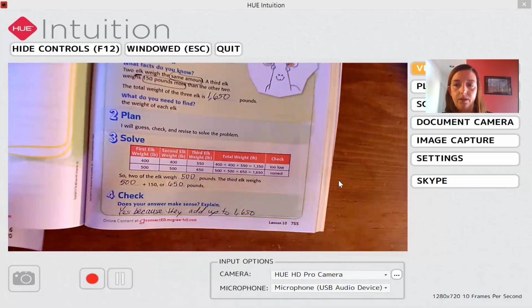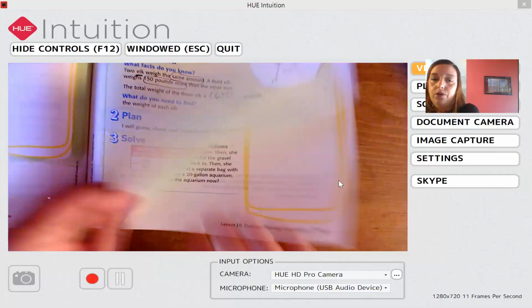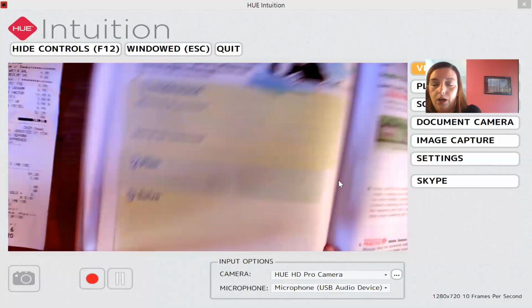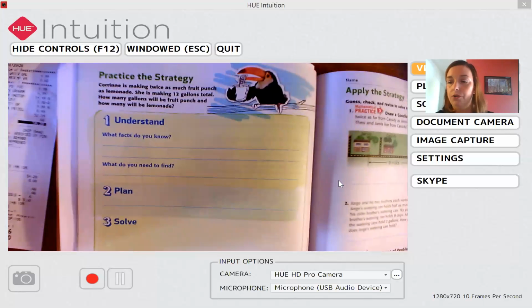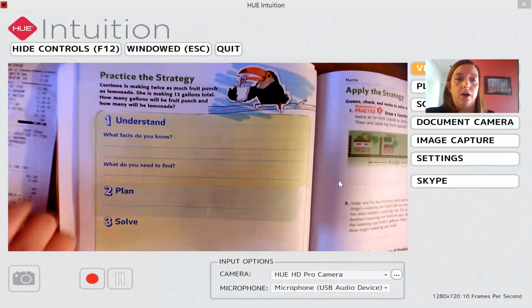Okay, awesome. So now we're going to try a second problem together, and then you're going to do some on your own. Okay, so we're going to do our 3-read protocol here.